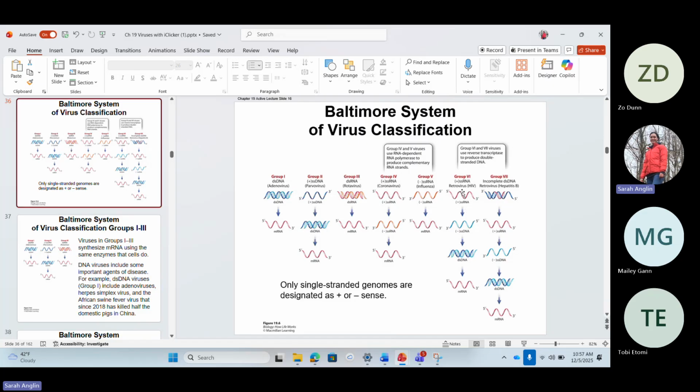Notice that group 7 starts off as incomplete double-stranded DNA, but during the process of eventually creating that mRNA strand, it goes through a stage where it does have RNA that is used to produce DNA. So it's also a retrovirus.